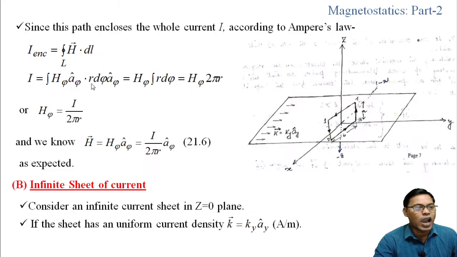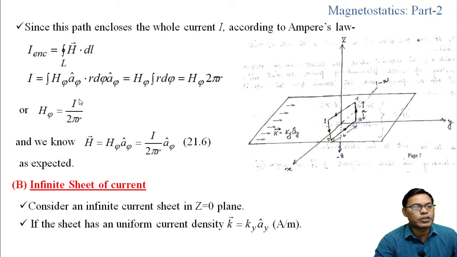That is why dl is r d phi a phi. Now a phi dot a phi equals 1. So H phi is constant, and integration of r d phi, where r is also constant, with d phi integrated from 0 to 2 pi, gives 2 pi r. So I equals H phi 2 pi r.